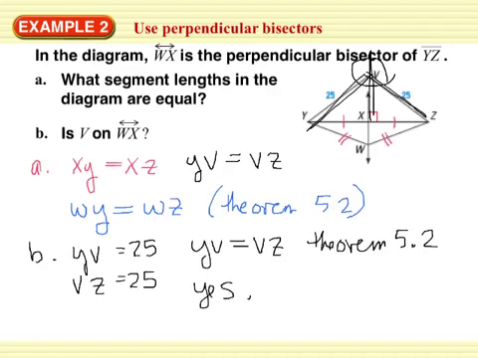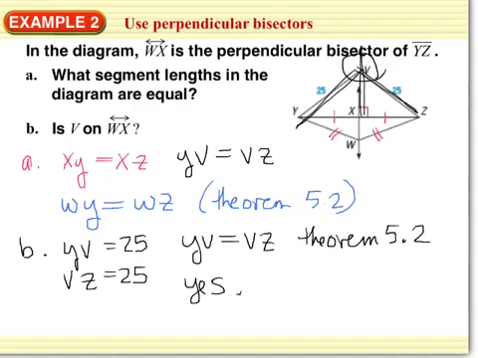So yes. If these two segments are congruent, then point V lies on the perpendicular bisector.